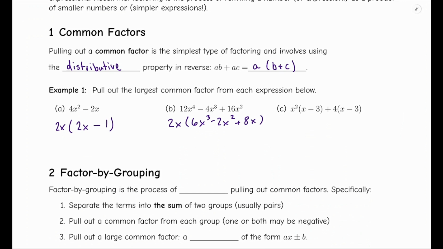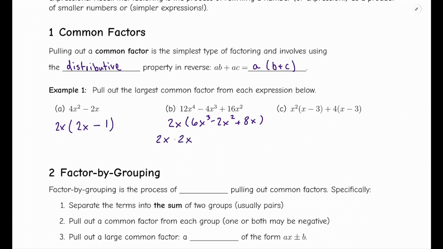But if I look at what's left over in the parentheses, I notice that they still have a 2x in common. So I can factor another 2x out. So we have this 2x stays, and then I factor another 2x out.